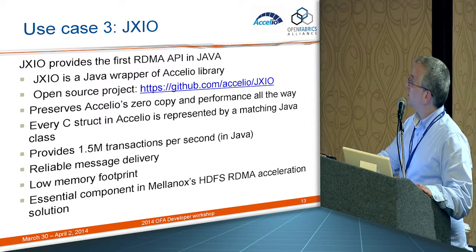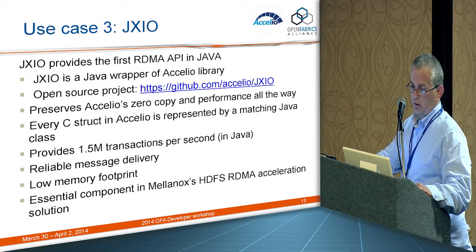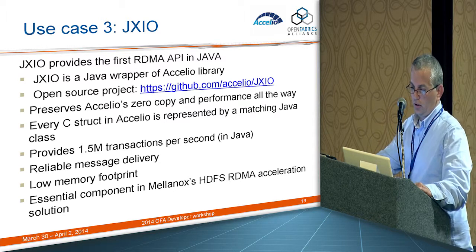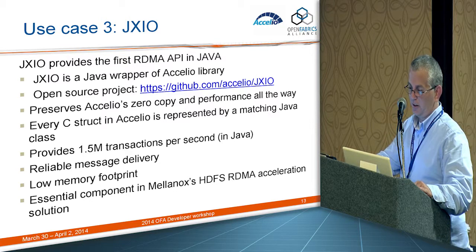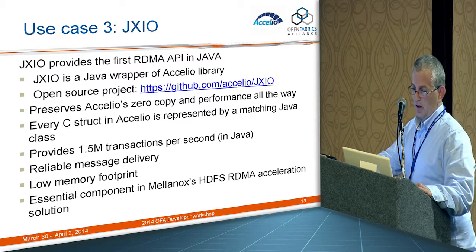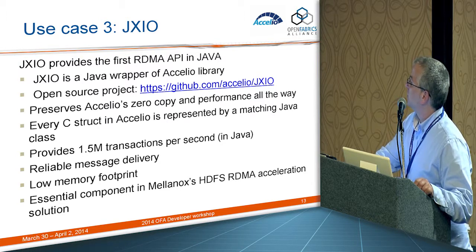The next use case that I want to discuss is JXIO. JXIO is a Java binding to XIO, and it provides the first public RDMA API in Java. JXIO is a Java wrapper for Accelio. It's also open source, which you can download and play with.